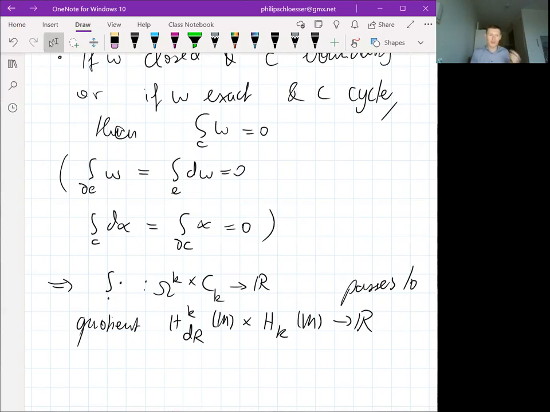And well, by definition, it is a linear map. Or I guess a bilinear map.